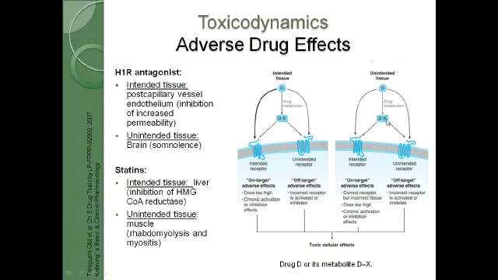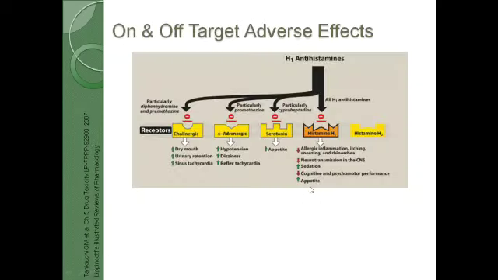And if the drug or its metabolite acts on the intended receptor in the unintended tissue, then on-target adverse effects will ensue. Correct receptor, but incorrect tissue. When the dose is too high, chronic activation or inhibition effects. And also, drug and its metabolite will cause off-target adverse effects when it acts on the unintended receptor.